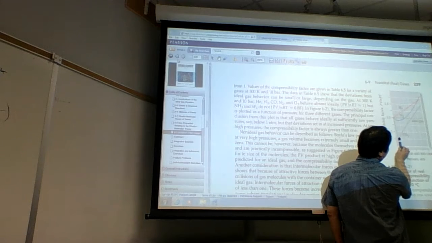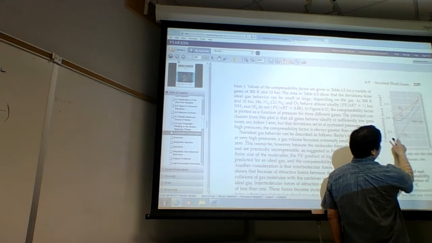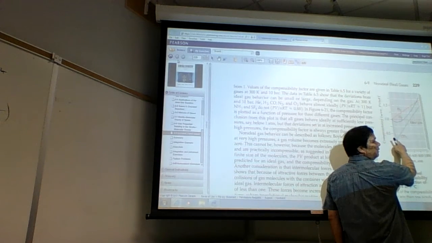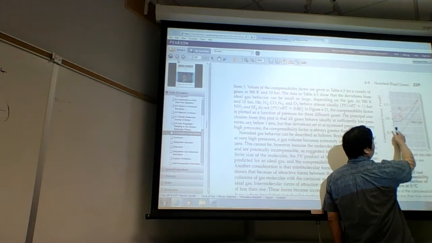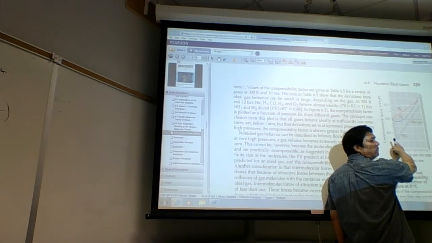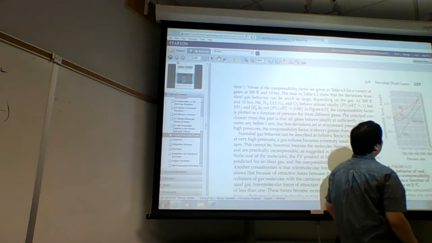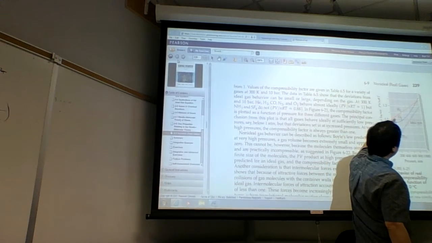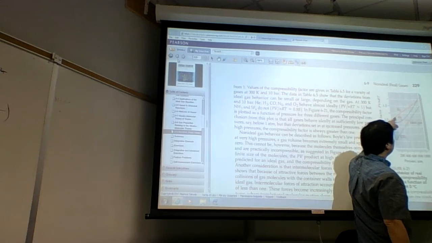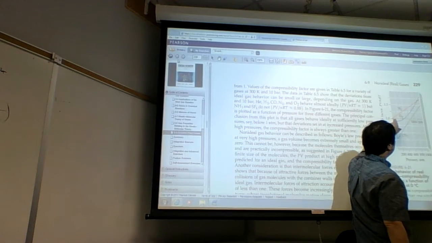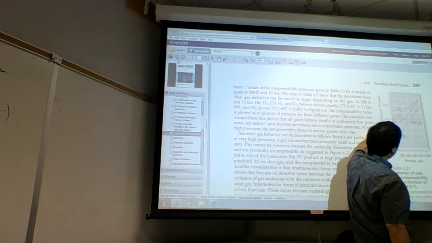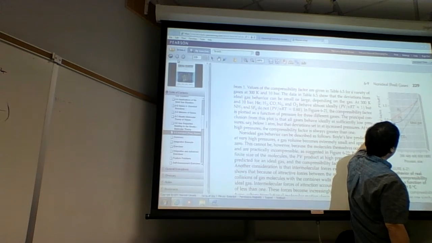When we get to about 100 atmospheres, take a look, CO2 is way up. In fact, the ideal gas law is totally worthless at 100 atmospheres for CO2. For helium it's a little bit better, and helium is even better than hydrogen, but for O2 at 100 atmospheres we're looking at huge deviations.